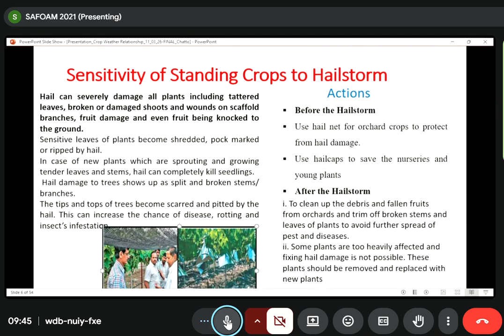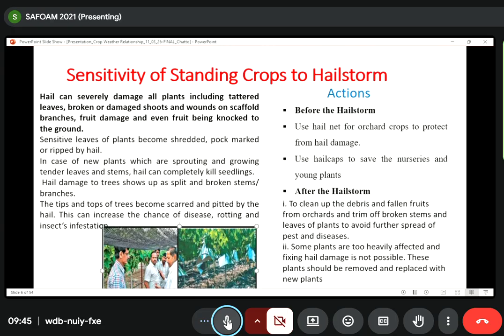When a hailstorm comes, it has a huge negative impact on crops, whether horticultural crops or cereals. These days, with nowcasting, we know when a hailstorm will be coming. But when the hailstorm touches the fruit plants or the cereals, there will be some after effect.